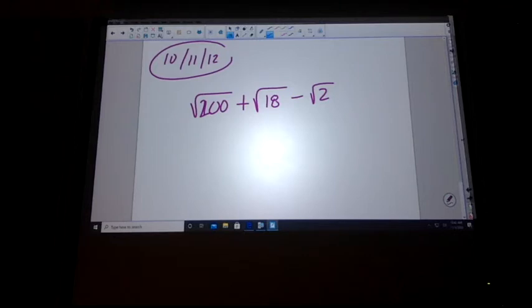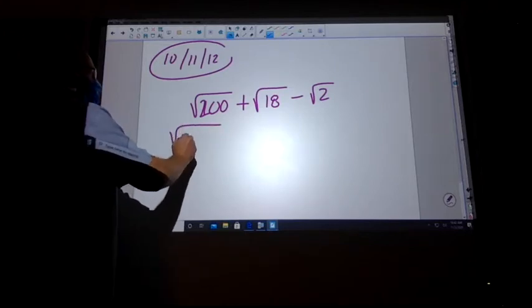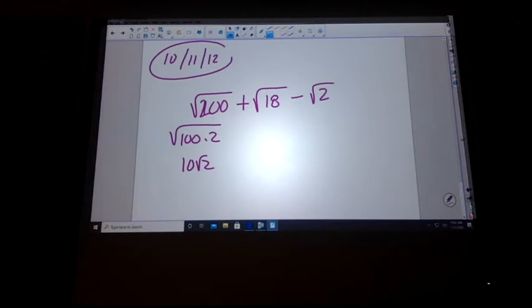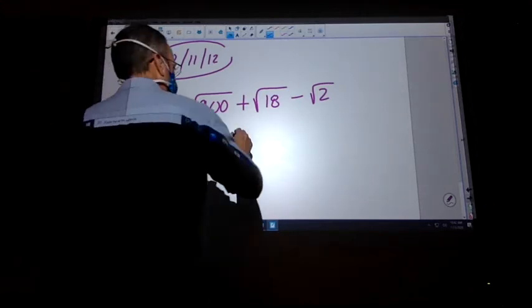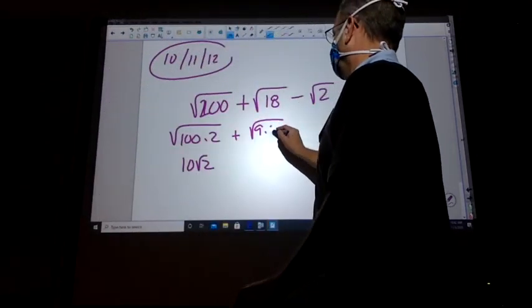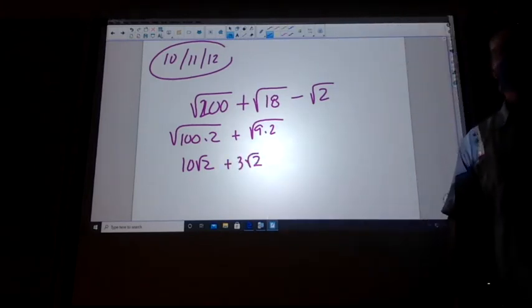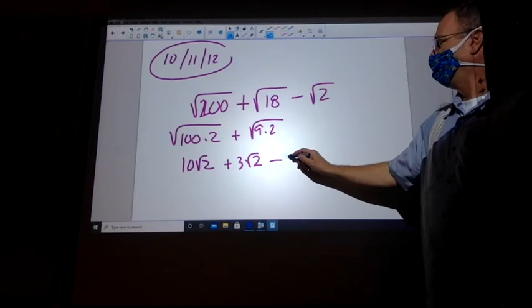So how would I approach this kind of problem? Could I break this down to this? Could I break this one down to this? Could I do that? And then that's not going to break down.